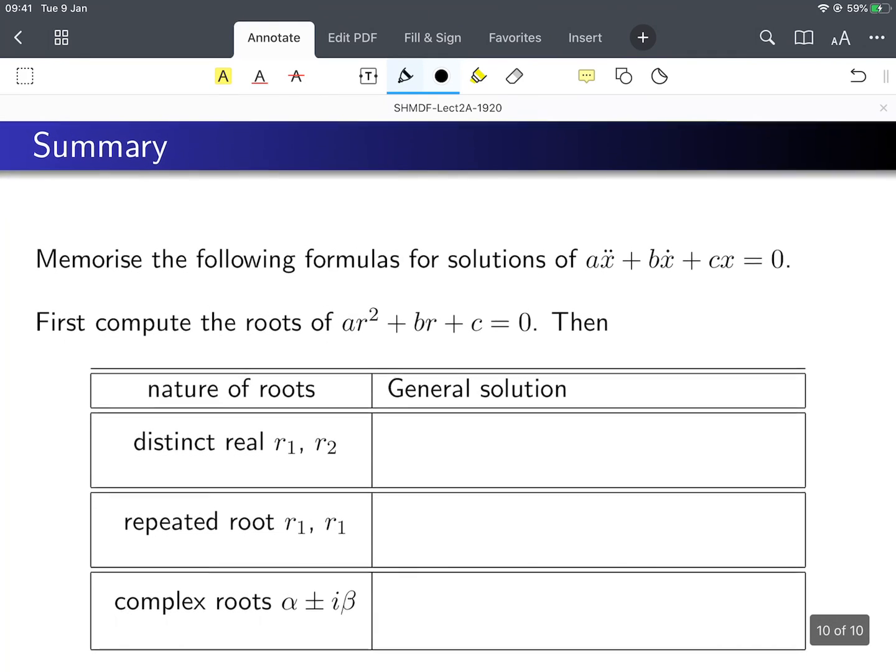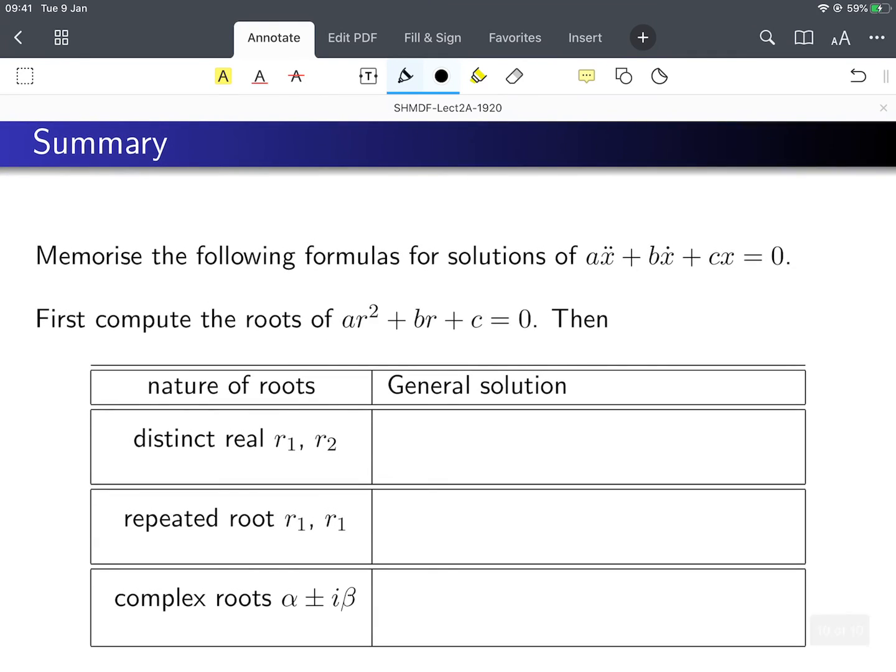So, just to summarize this lecture, you will be expected to know how to solve this equation here, which is a simple harmonic damped equation. First, you compute the roots of the associated quadratic equation, and then you just look at their nature.